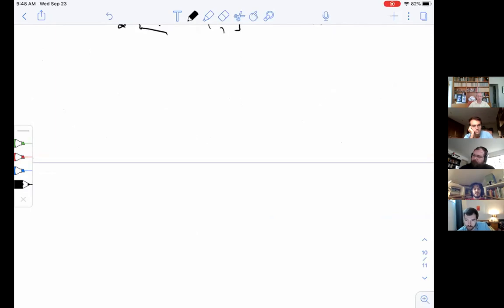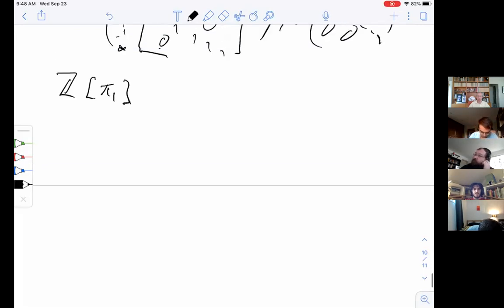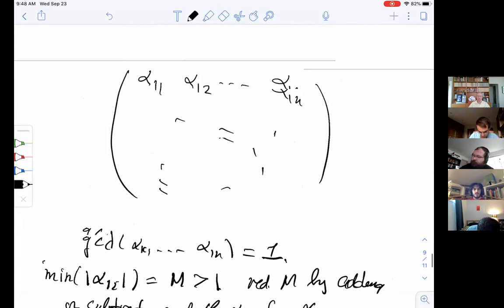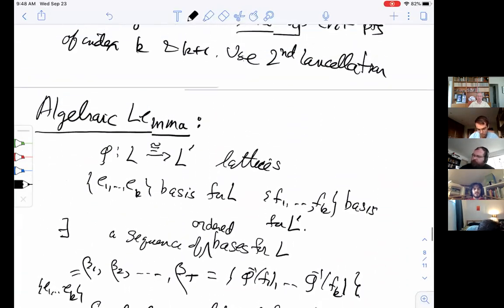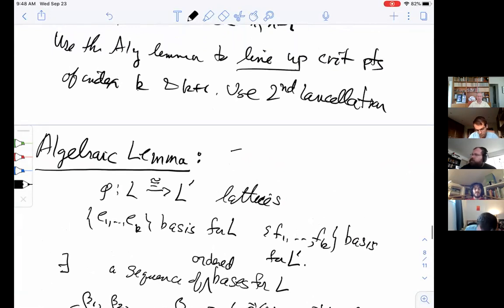If you have a more complicated ring, like the integral group ring of the fundamental group, then you run into trouble. You can't do this argument in general, where the ring, instead of being the integers, is the integral group ring of the fundamental group. And that's secretly where the fundamental group comes in here. This algebraic lemma is about the integral group ring of the fundamental group.